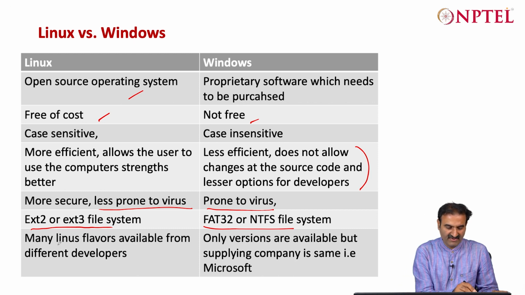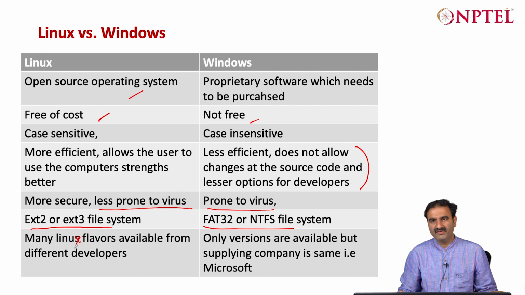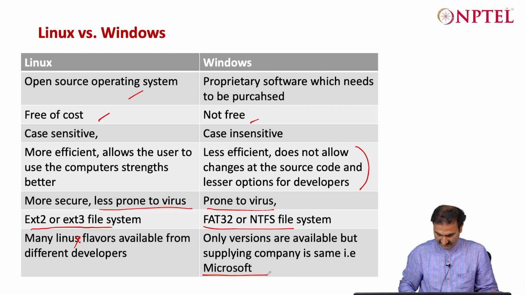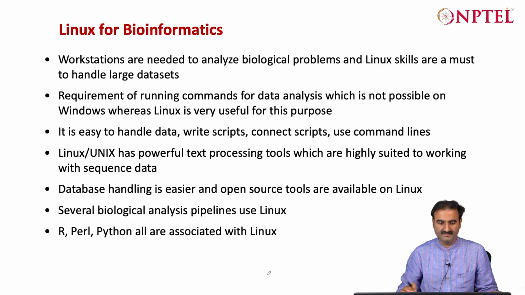And basically many flavors of Linux are available, whereas in Windows it is just the versions. You could be using 7 or 10, and all are provided by the same company, Microsoft, whereas with Linux you may use Fedora or CentOS or Red Hat, and you can download from various such sources.